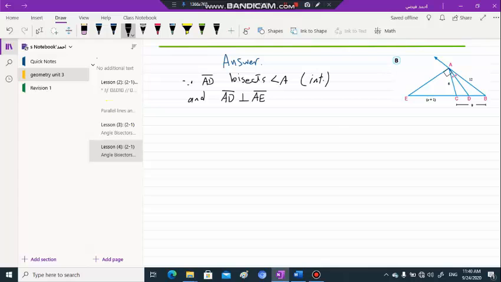of angle A. Therefore, AE bisects angle A externally. Therefore, AB over AC equals BE over EC.